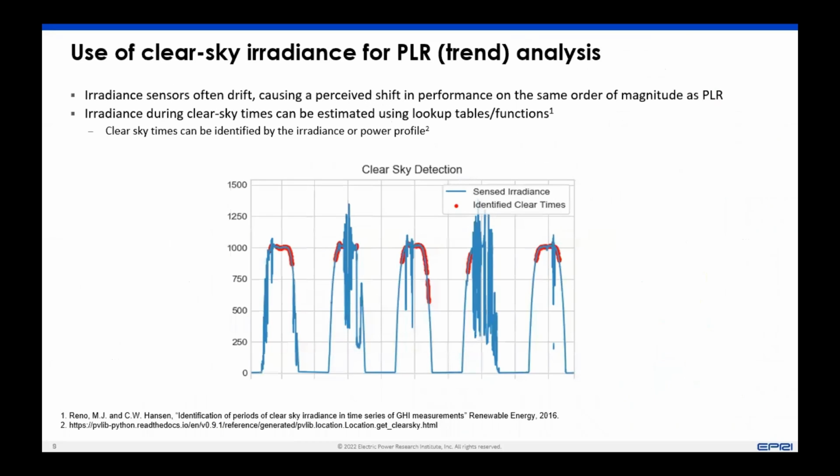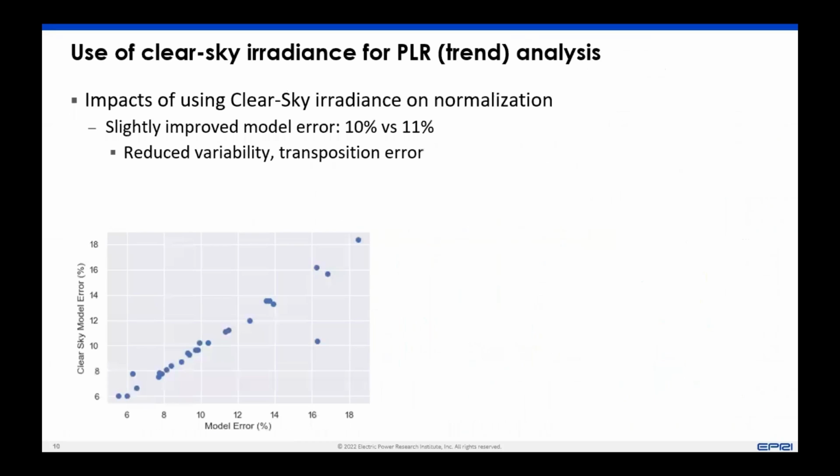Okay, and then for the performance loss rate analysis, we also use a clear sky model to estimate the irradiance, since there are so many sensor problems, which seems to be the biggest variation in large scale plants. However, you say, hey, clear sky, that'll be much better.